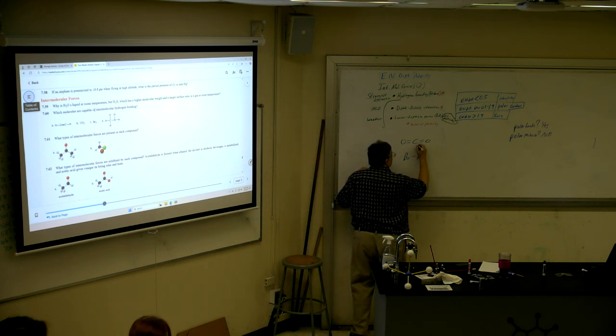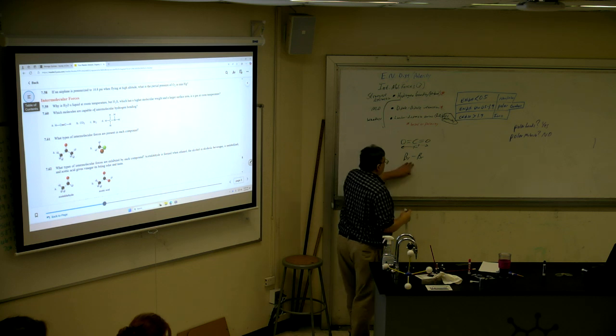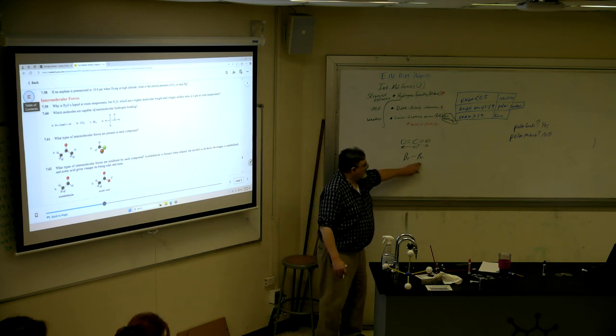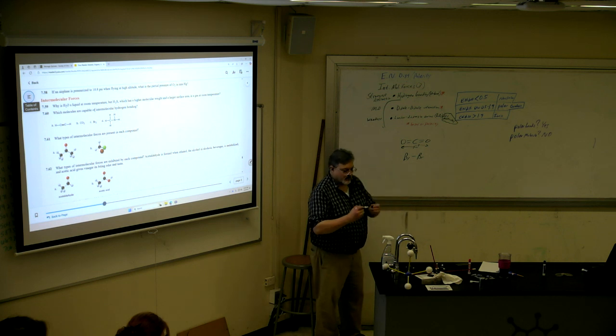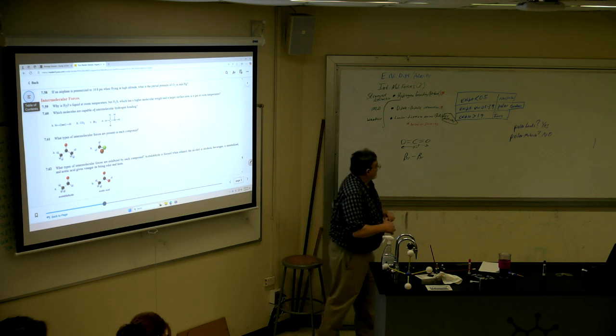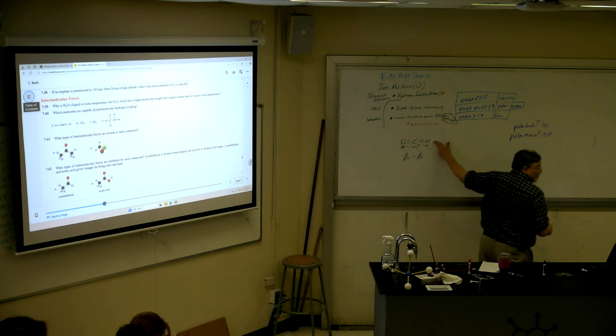This is linear. You have two dipoles that cancel each other out. This one, I guess you could say is linear, but it's not. Same electronegativity for bromine, so that's going to be an electronegativity difference of 0, so no polarity there. And this molecule is not polar.